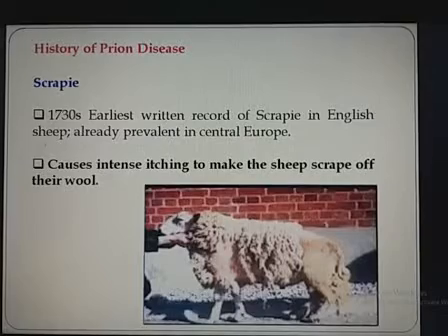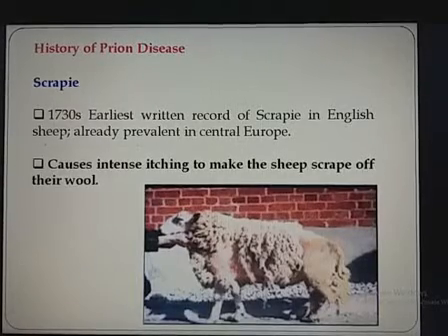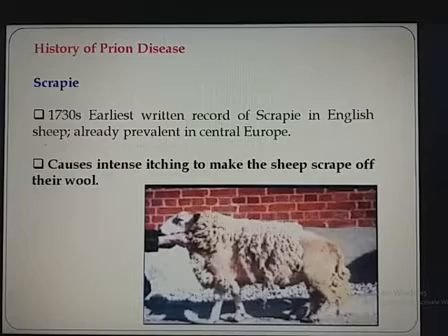Now, a little bit of history about prion disease. Now, the scrapie. How does the term scrapie come about? So in 1730, the earliest written record regarding scrapie disease was found in an English sheep, a condition prevalent in Central Europe.